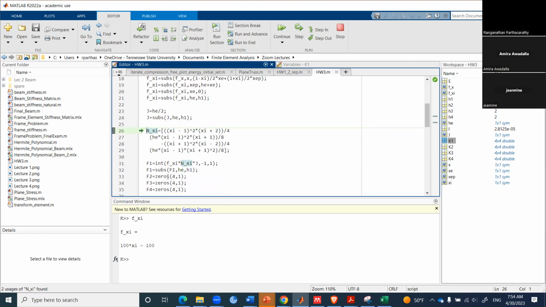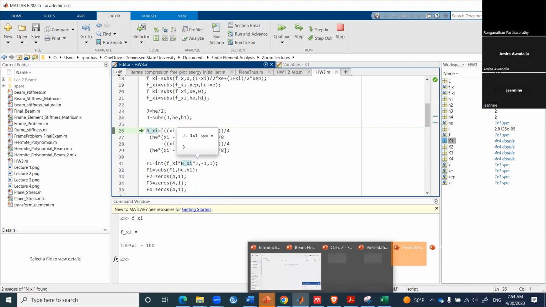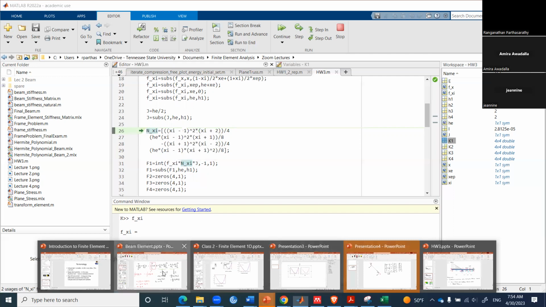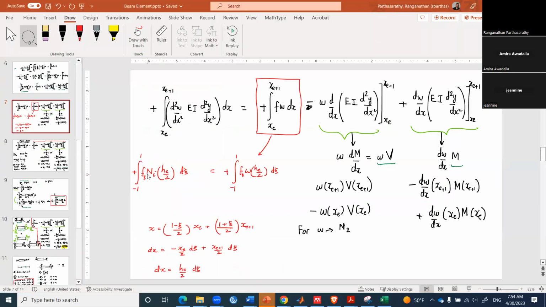Integral of F psi times n psi times J. That's the total distributed force, right? We want integral of F psi times n psi times He by 2.